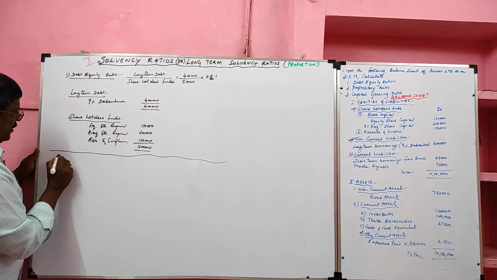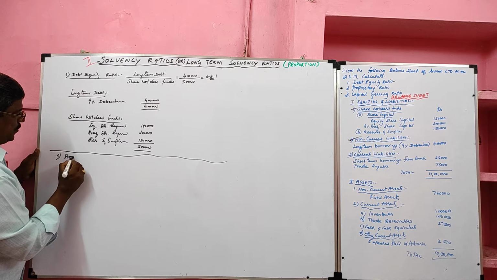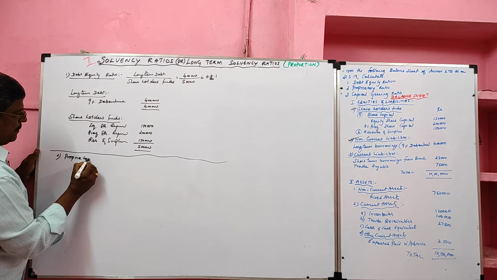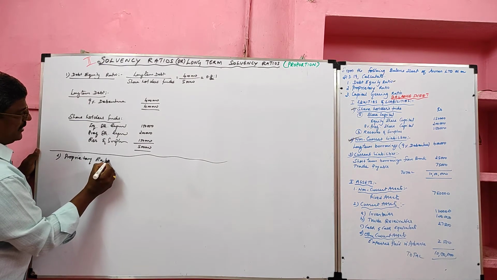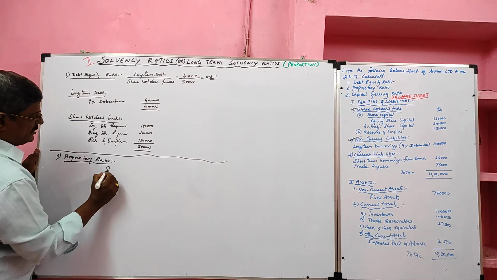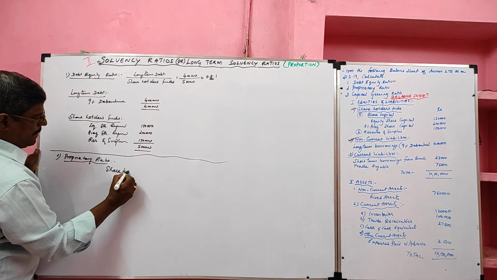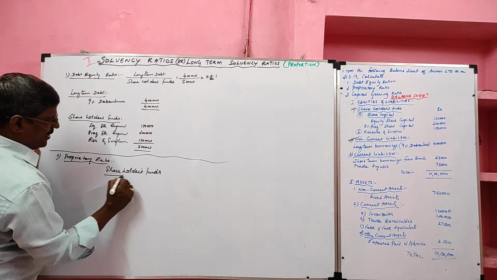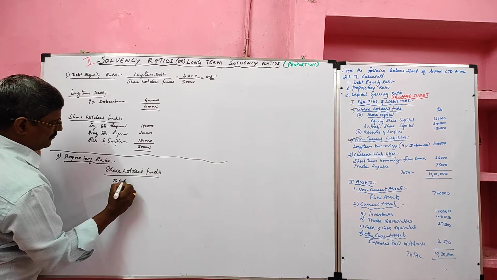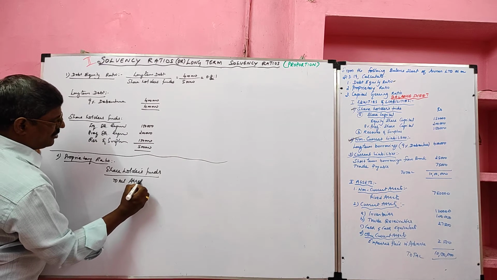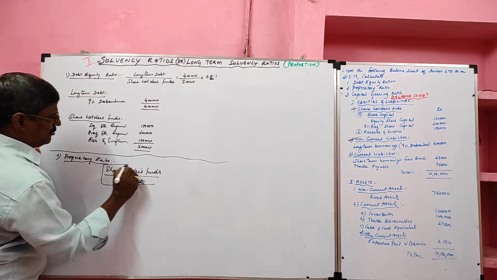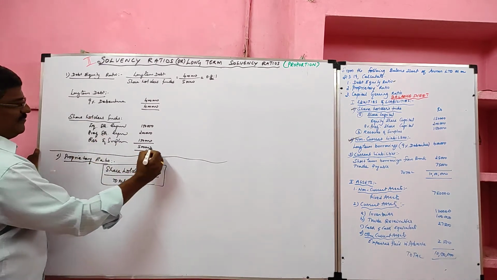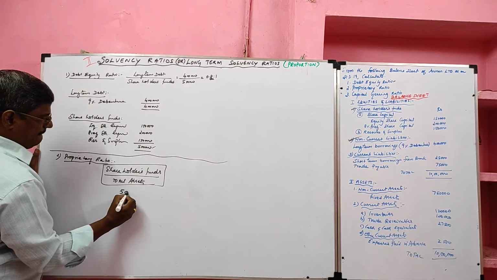Then second ratio, we are going to learn proprietary ratio. For that, formula is shareholders funds divided by total assets. Already we ascertained shareholder fund, its value 5 lakh.